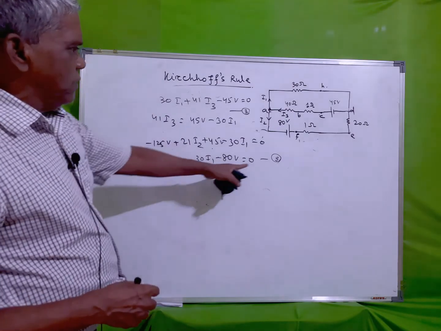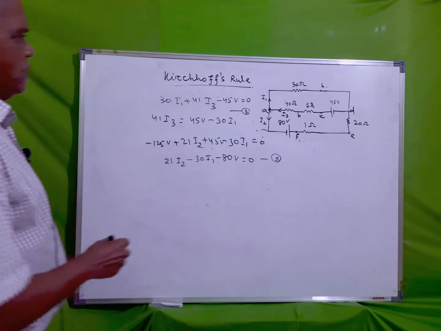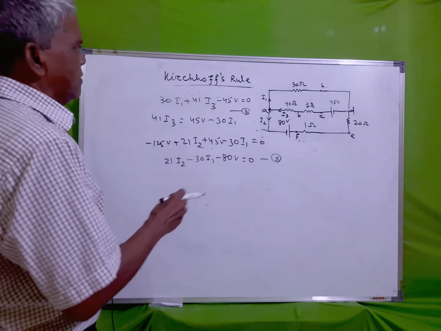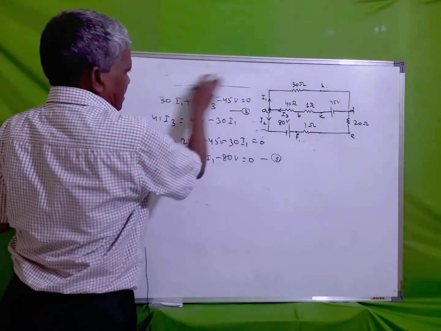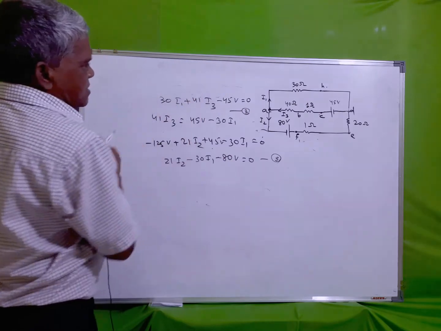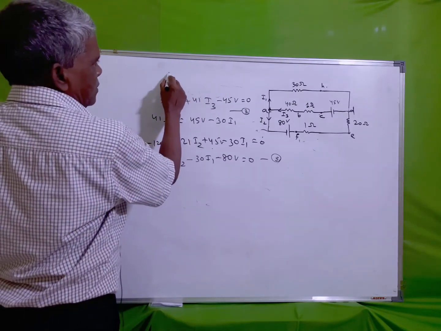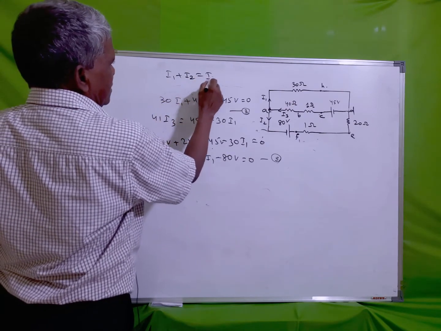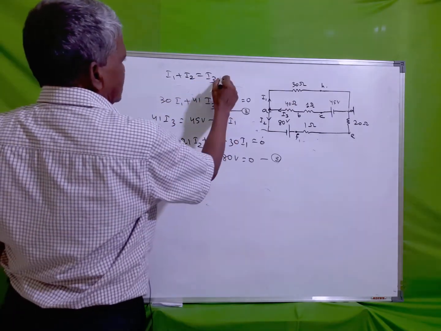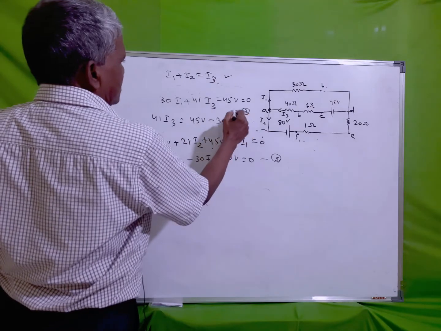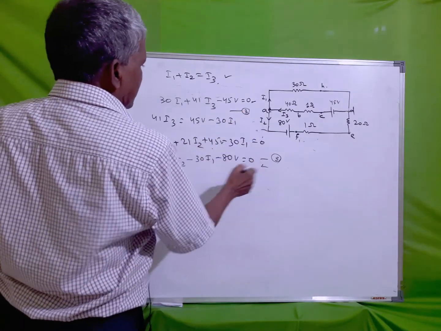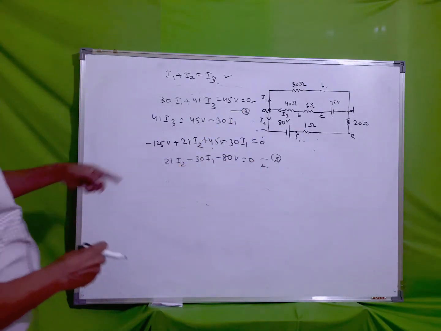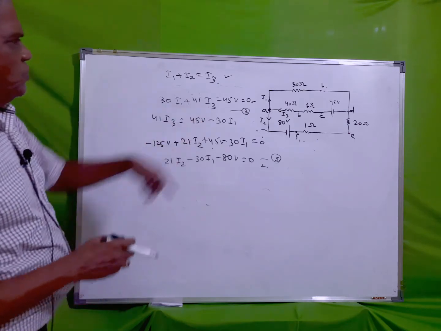Another, from the conservation of charge, there is another equation: I1 plus I2 is equal to I3. So there are three equations and three unknown values.